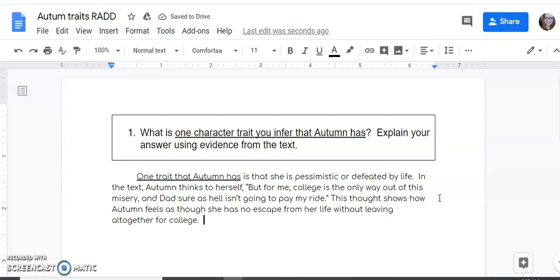Okay. So I gave my detail, and here is my explain. Remember, you've got to explain every detail you put in. So this is why I'm thinking that detail helps me answer the question: how does it show that she is pessimistic or defeated by life?